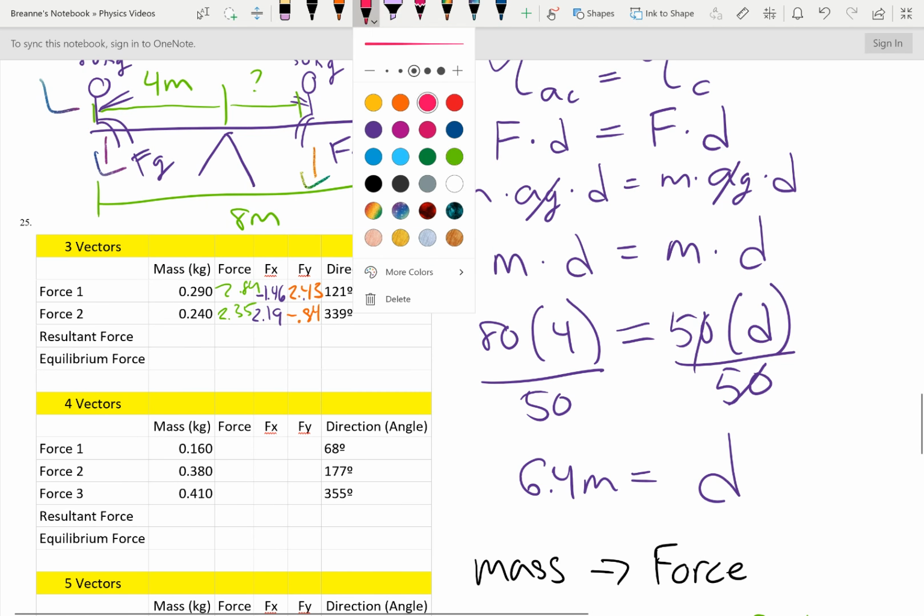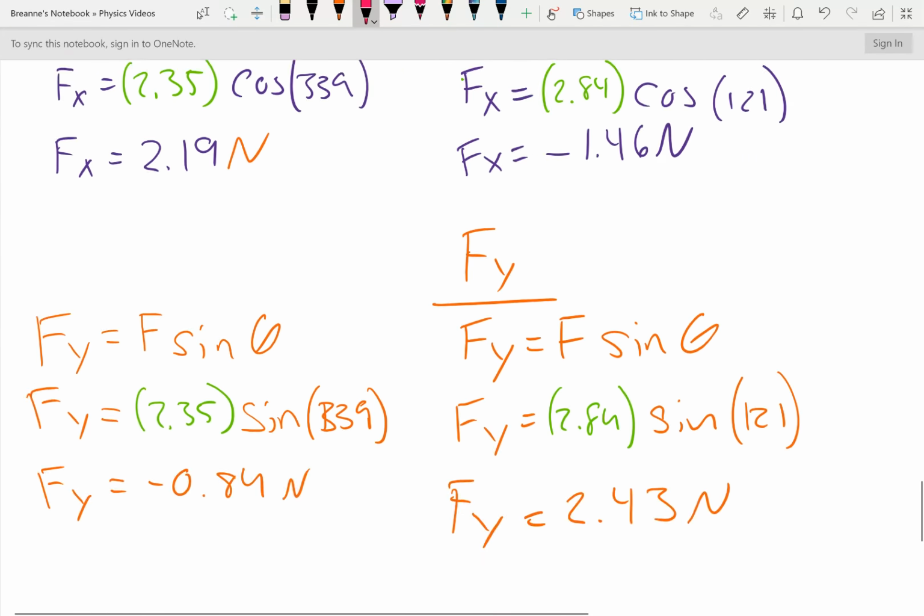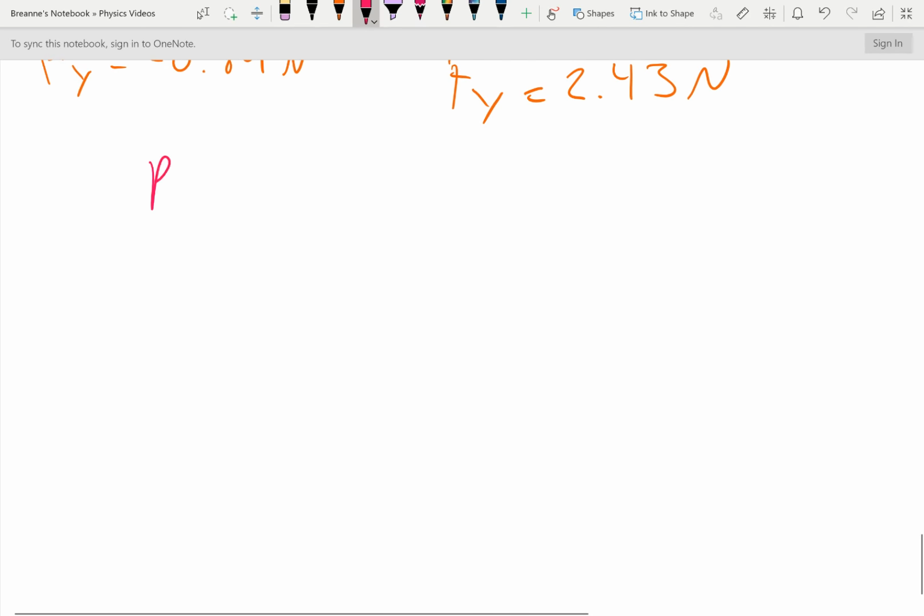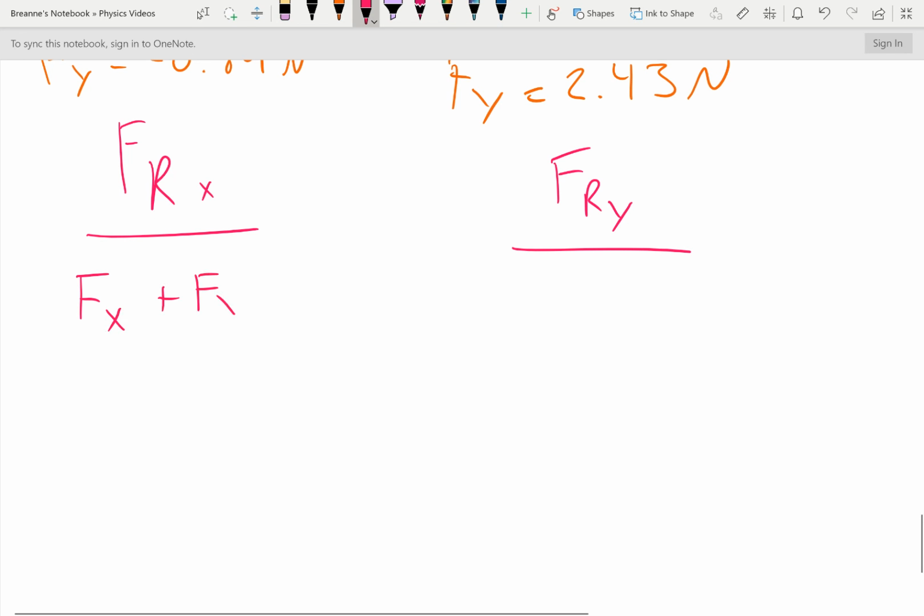For your next one, you're going to solve for your resultant force in the x and your resultant force in the y. To do that, you're just going to add up your forces in the x, add up your forces in the y.